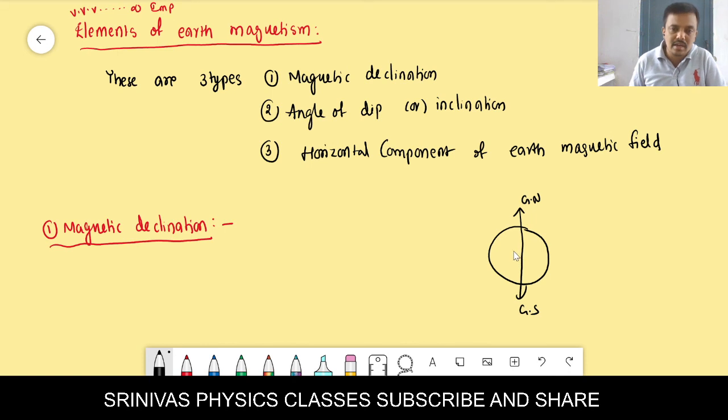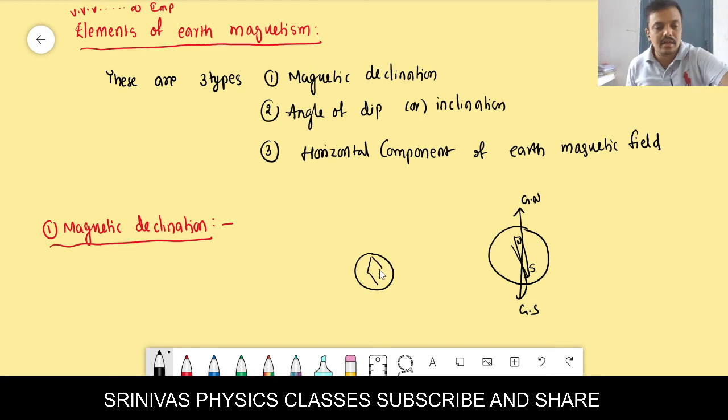If you suspend any magnet above the earth, it will not show exactly geographical north, it will show a little bend. Like this, it will show. This is the north pole of the suspended magnet, not earth magnet, suspended magnet. In our hand, that we are suspending. Or the compass pointer, if you keep it above the earth surface, right?